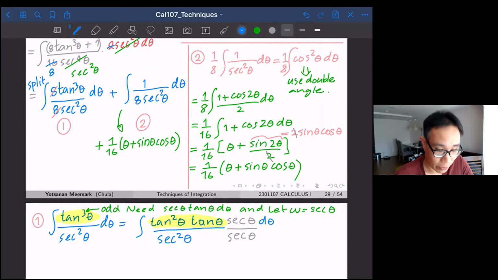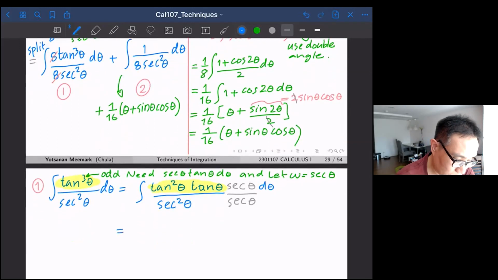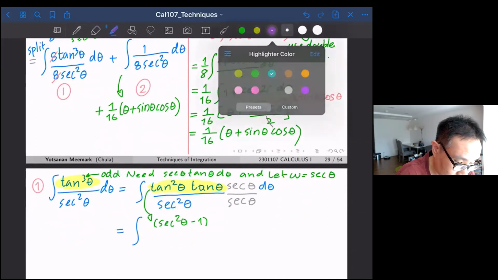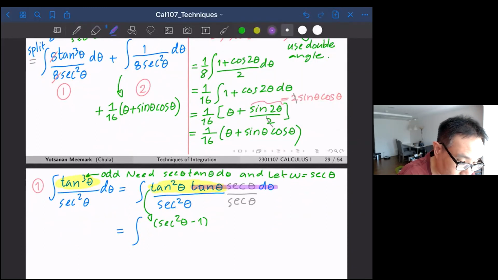With me so far? For this one, we change everything in terms of w. So tan square will be sec square minus 1, and you group tan theta sec theta d theta.